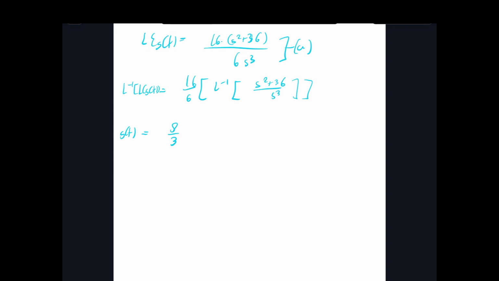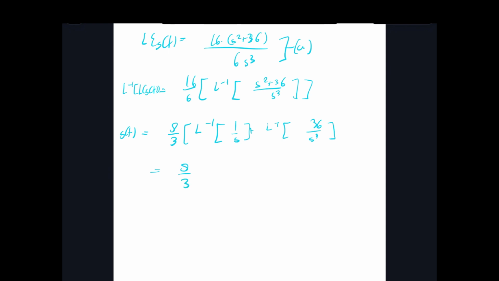This is just simplifying the 16 over 6. L inverse, if I break apart s squared over s cubed, I'll get 1 over s plus L inverse of 36 over s cubed. So the first part will be easy. It'll just be, L inverse of 1 over s is just 1.